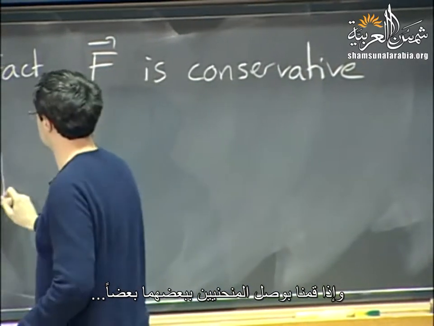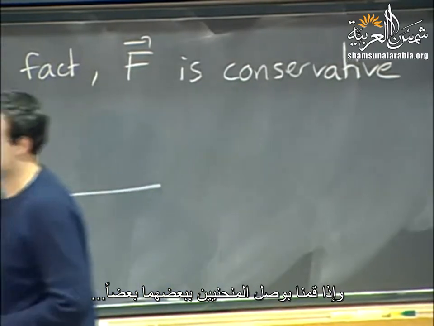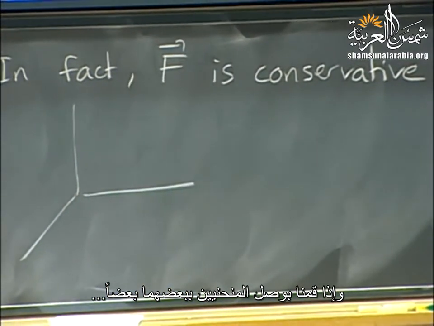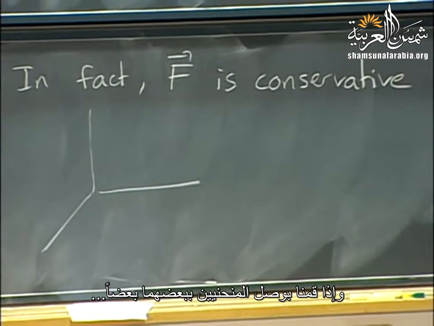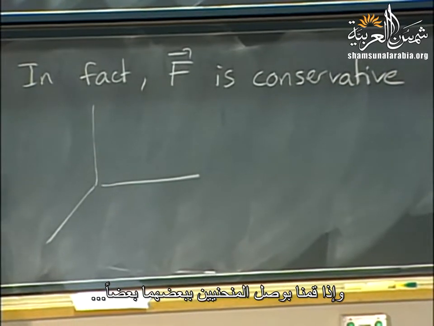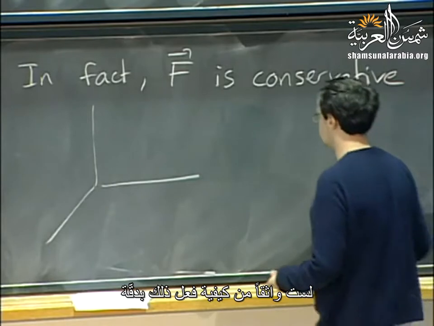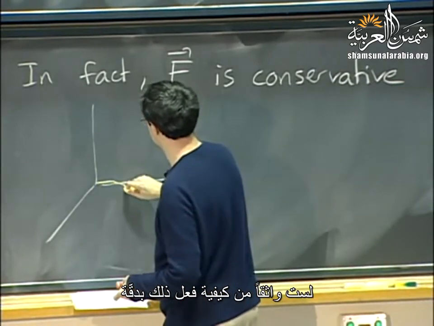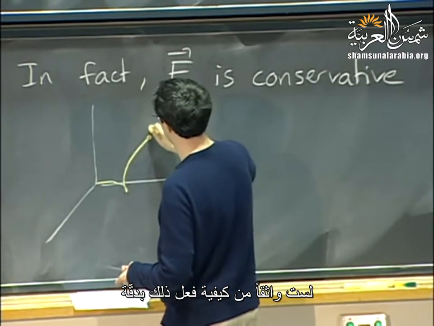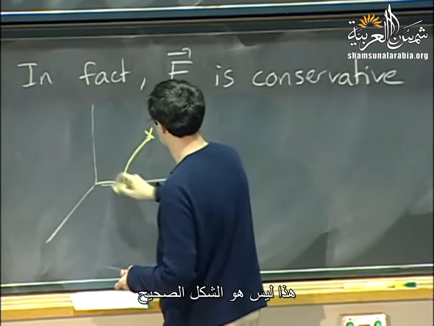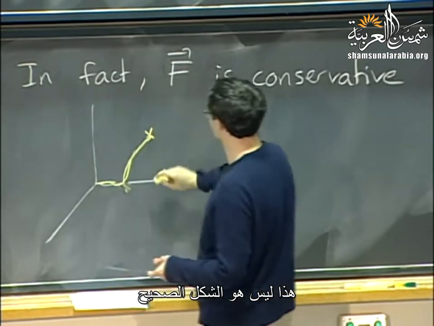And if you plot the two curves together, well, I'm not really sure I know how to plot this correctly, but somehow, it's not exactly how it looks. Okay, whatever.